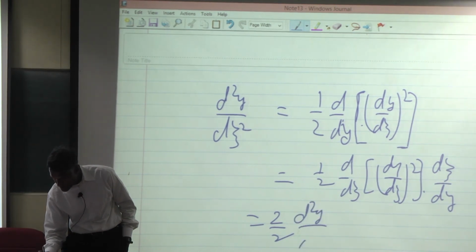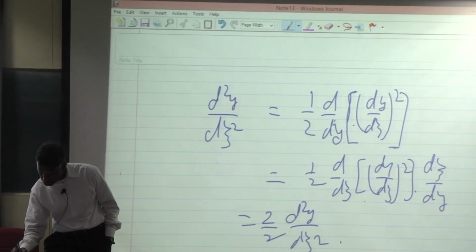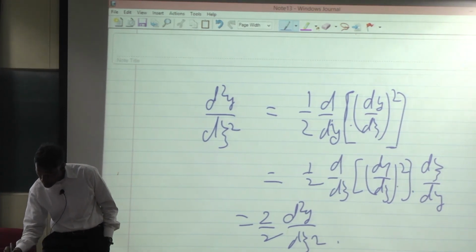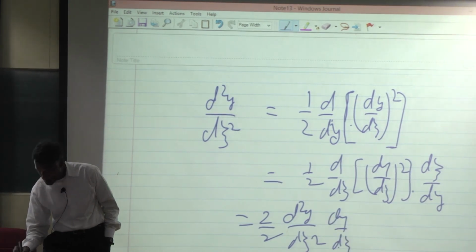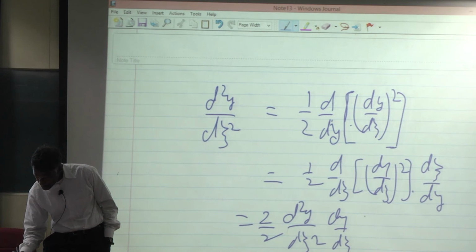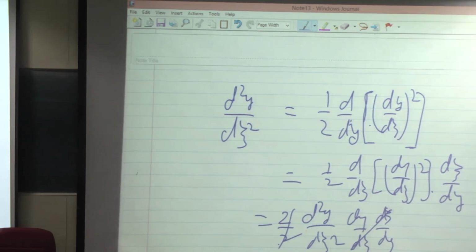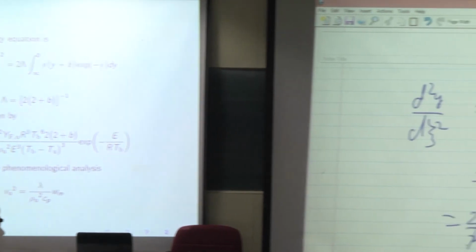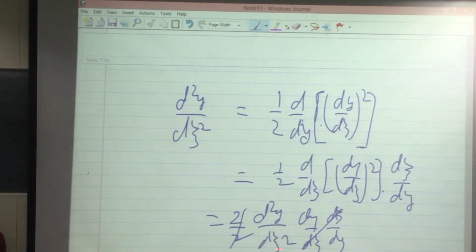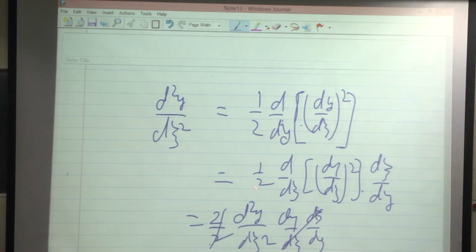So d squared y over dc squared times dy dc, and then you have a dc dy. So these cancel, and you get the second derivative back. So that's the classical way you can write the second derivative in this particular form.